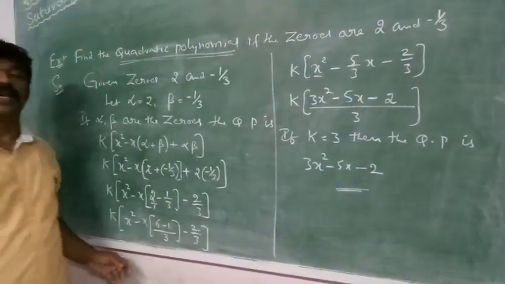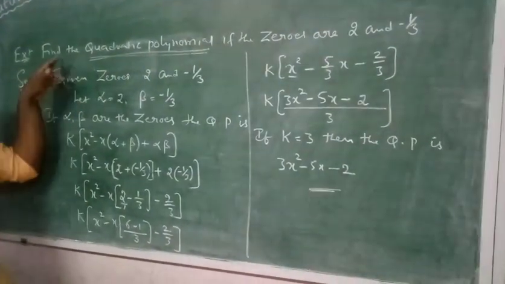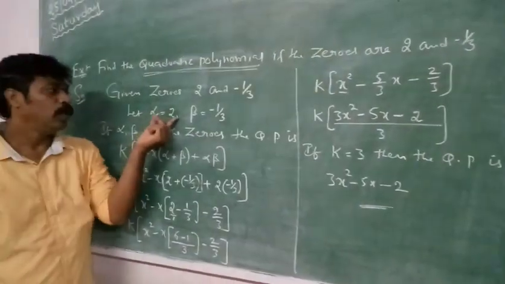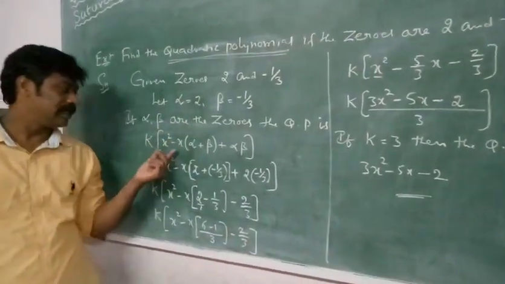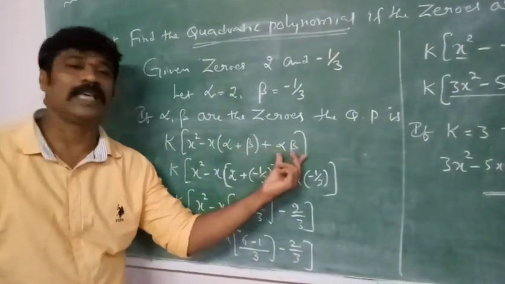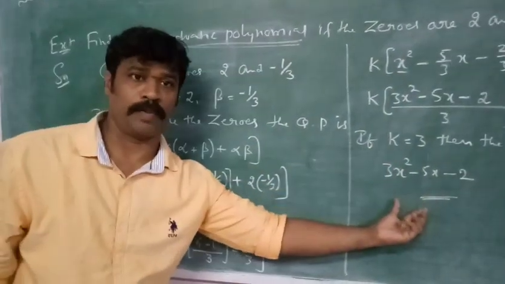So like that we have to find the quadratic polynomial if you know the zeros. So if you know the zeros, to find the quadratic polynomial, this is the formula, that is k into x square minus x into alpha plus beta plus alpha beta. If you substitute alpha and beta in this, then we will get the quadratic polynomial.